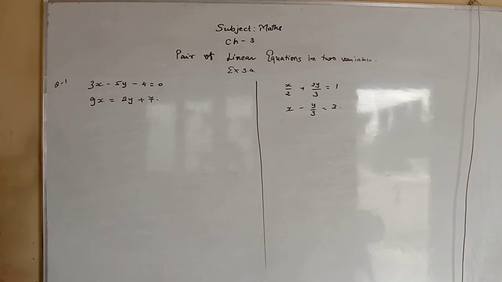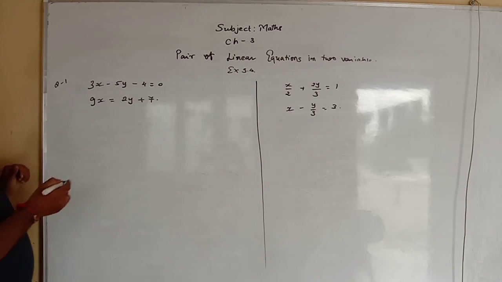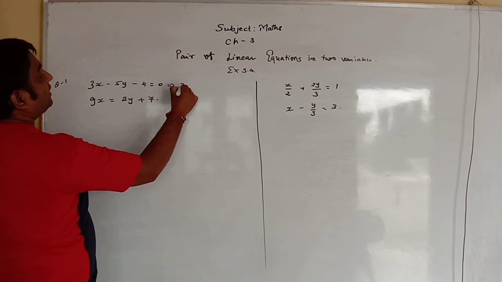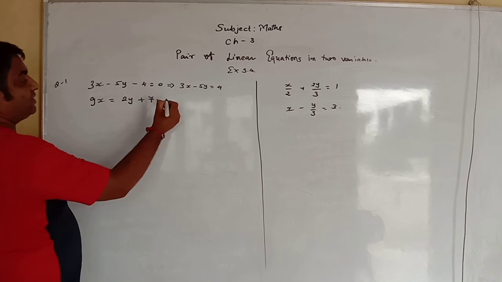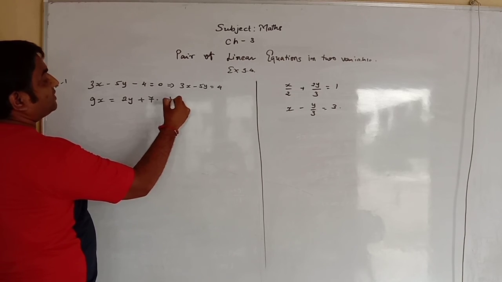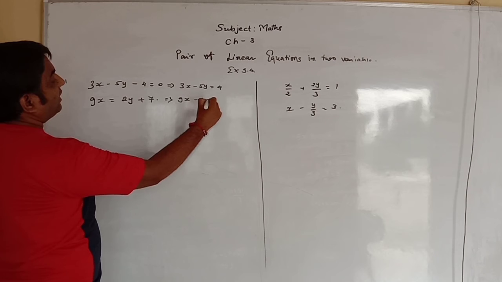Now we are given the question 3x minus 5y minus 4 equals 0, which will be 3x minus 5y equals 4 in ax plus by equals c format, and the second is 9x minus 2y equals 7.